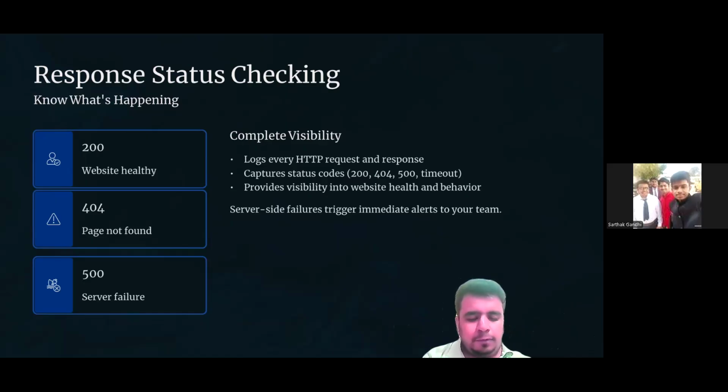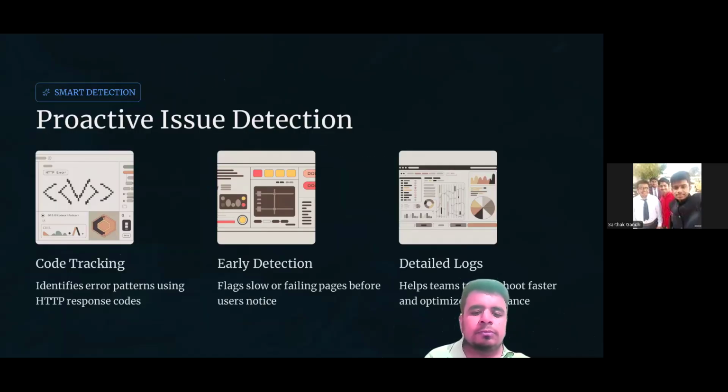Okay, let's proceed further. Now here are the proactive issues detected. First, we're tracking the code of the website. The initial, default code of the website is already provided by me.